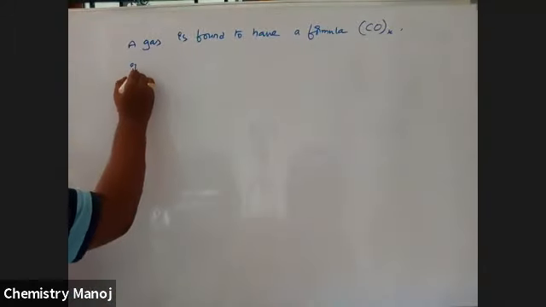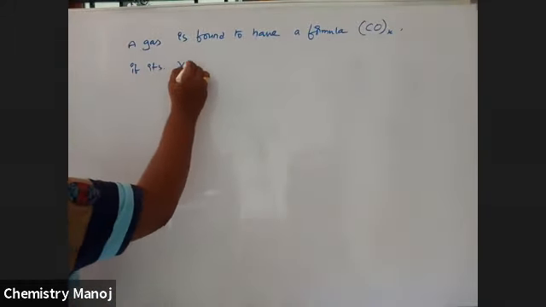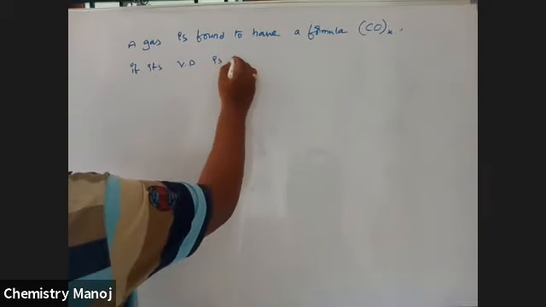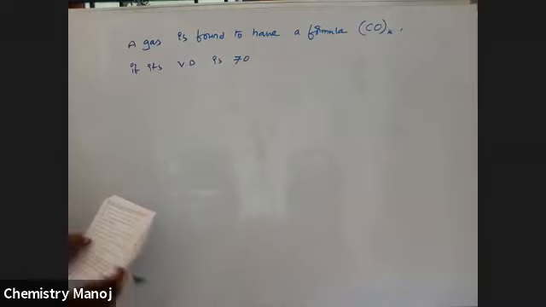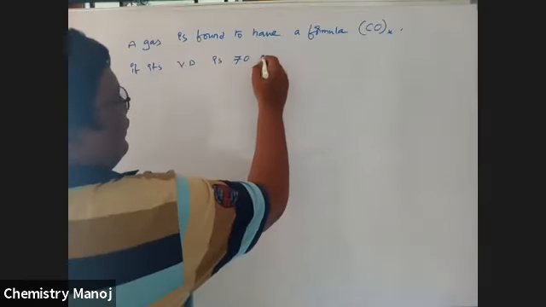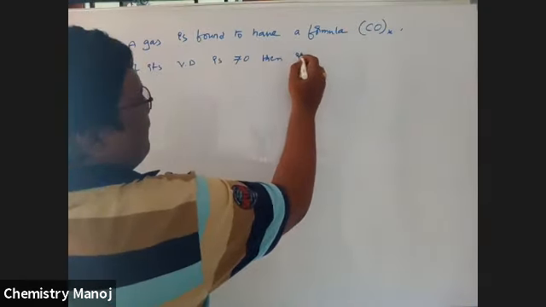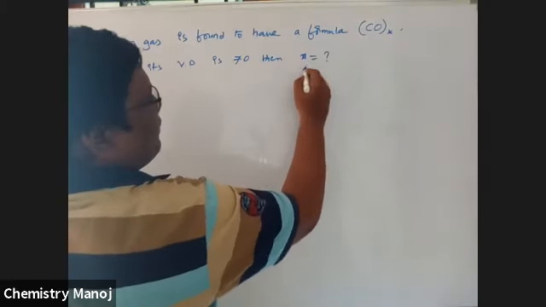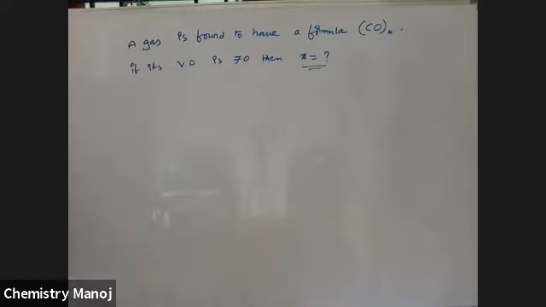If its vapor density is 70, then x is equal to how much? The answer is 5.